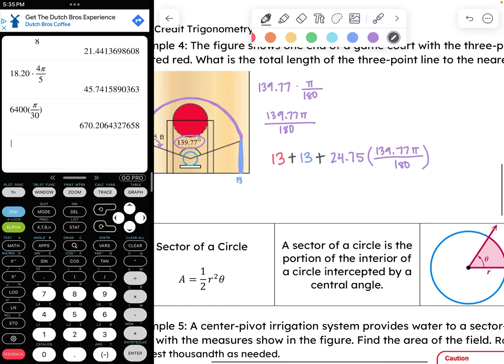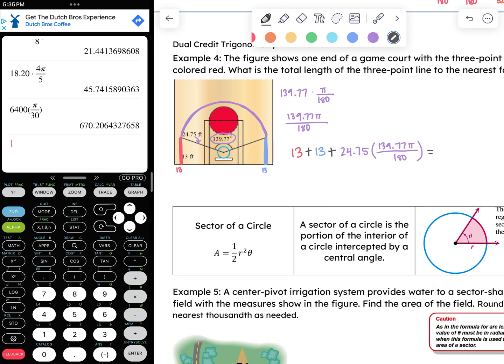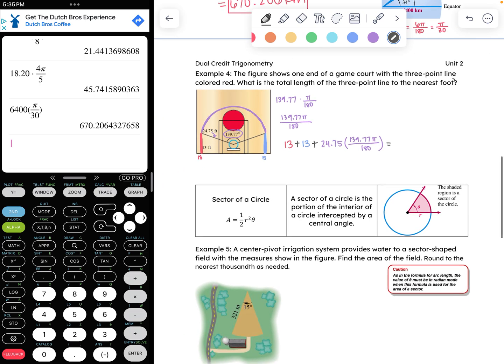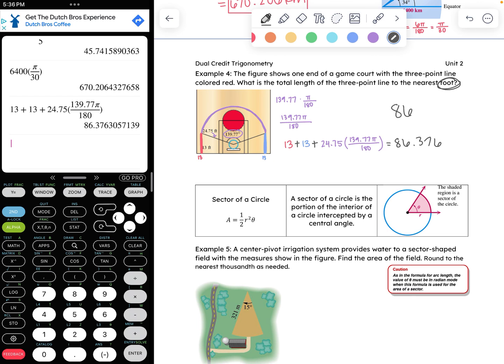And I can plug that whole thing into my calculator. It says rounding to the nearest foot. When I plug it in, I'm going to have 13 plus 13 plus 24.75 times 139.77 pi over 180. It's going to pop out 86.376, which would round to 86 feet.